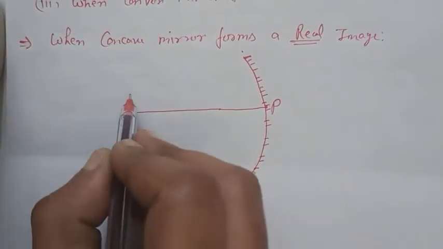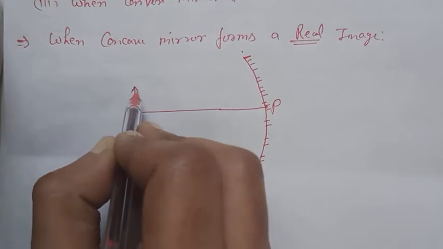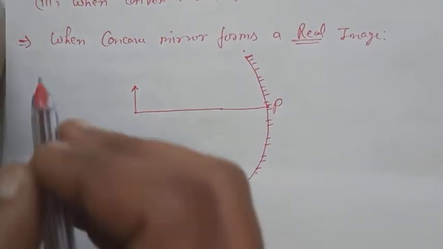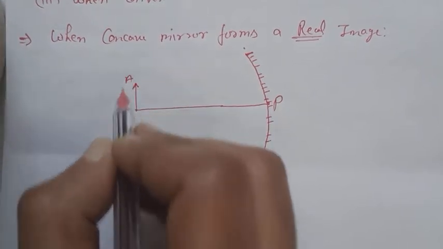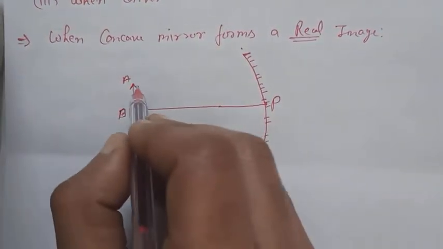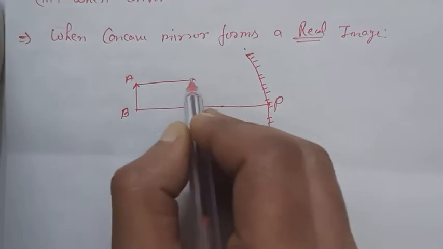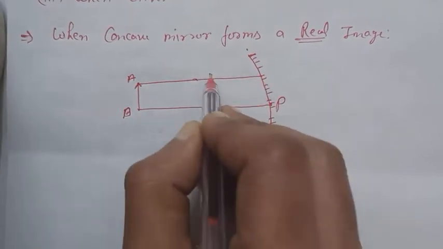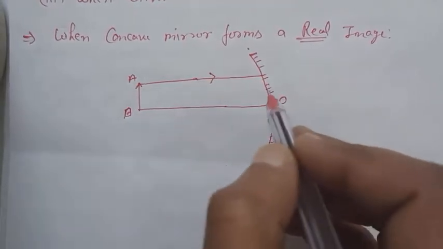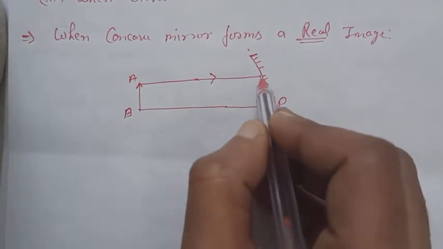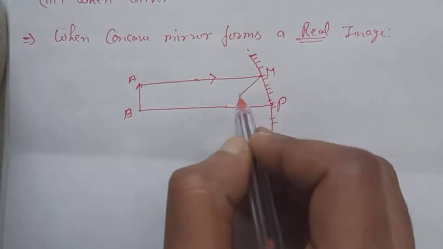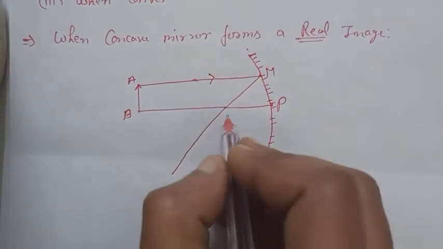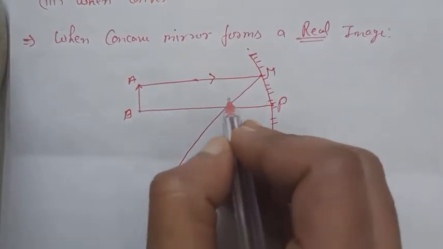Now consider an object placed at a point. The object is AB. First one, consider a ray parallel to the principal axis. When this ray is parallel to the principal axis, after reflection it passes through the focus of the concave mirror.